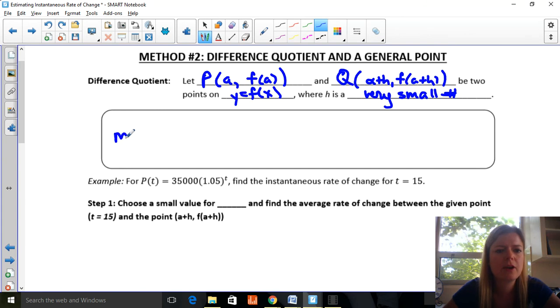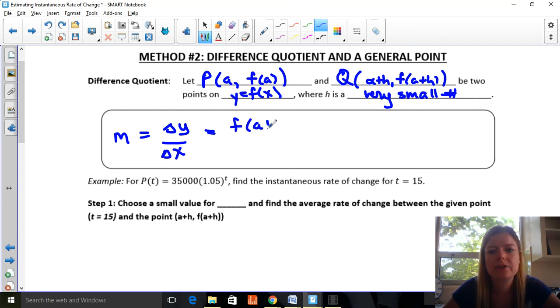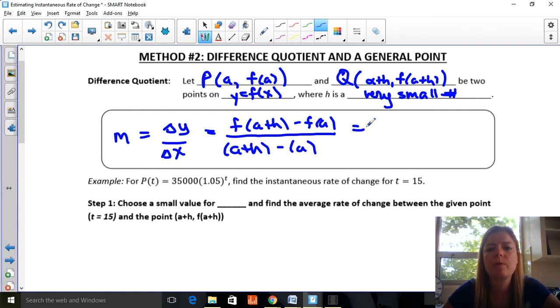Okay, so then the slope of that is delta y over delta x. So it is f at a plus h minus f at a, so the difference in the y values, divided by the difference in the x values, so a plus h minus a. So we can simplify this.